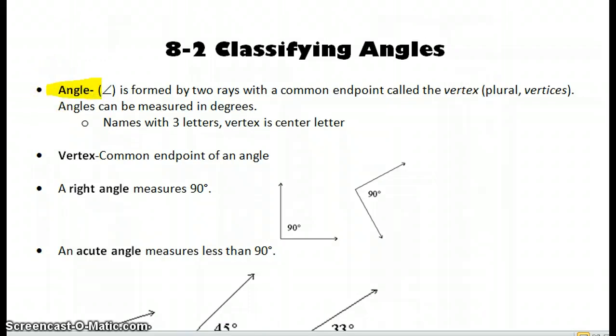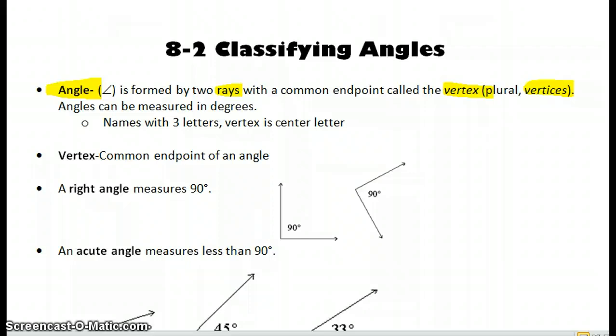An angle is formed by two rays with a common endpoint called a vertex, and the plural of vertex is vertices. Angles can be measured in degrees. Whenever we measure an angle, we have to have a label for it.